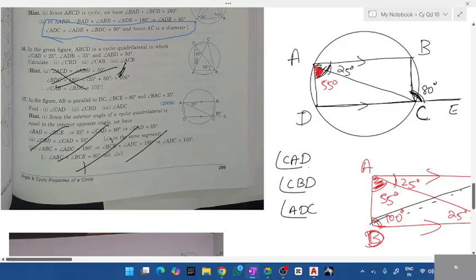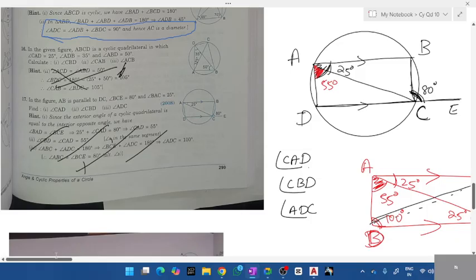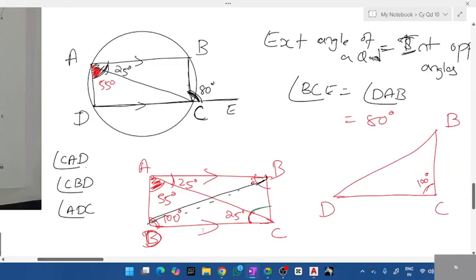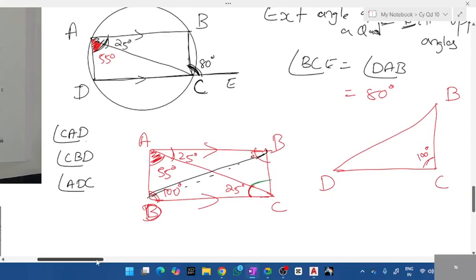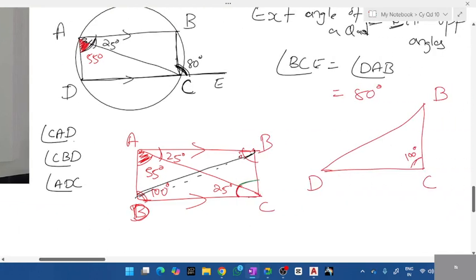Is any center given? 80 degrees, 25 degrees, angle of same. Okay, we'll get the value. If you find the angle of D, can we apply sum of interior angles and find B? Yes. Now I want you all to answer D, students.